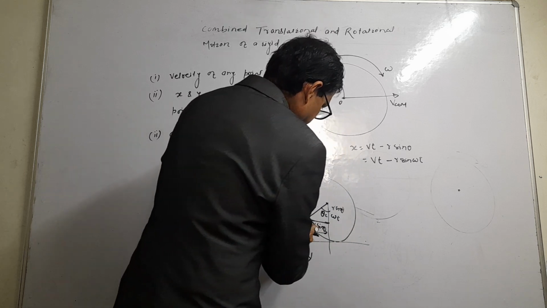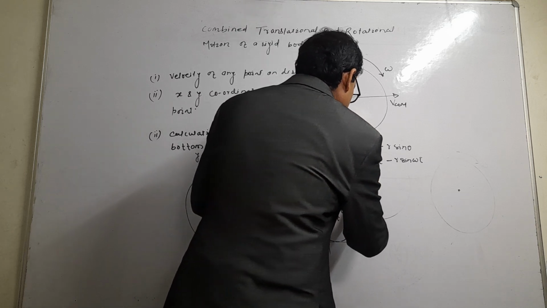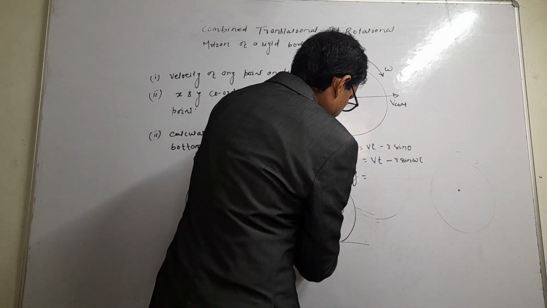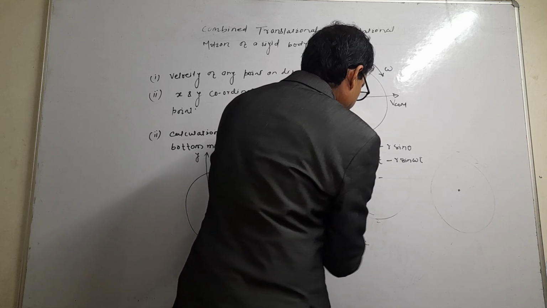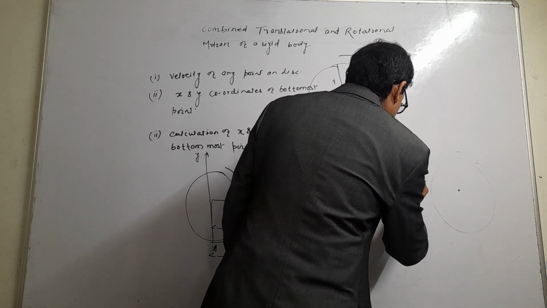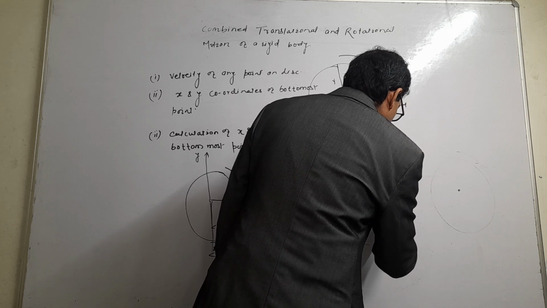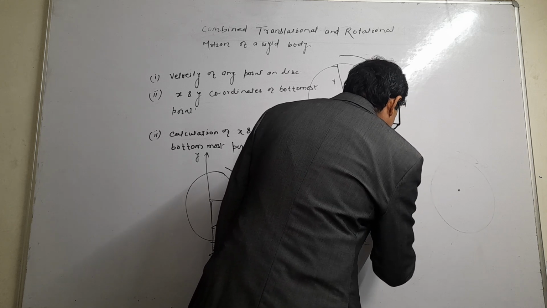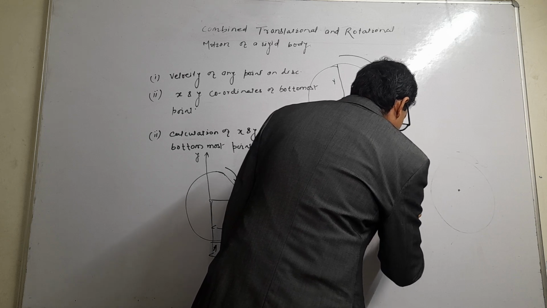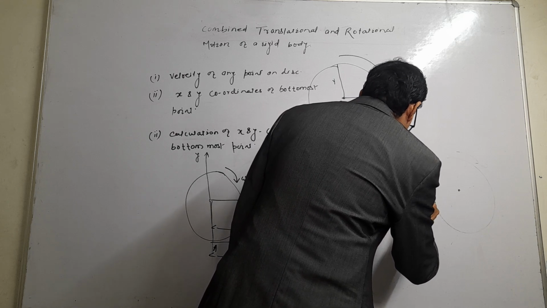And the y coordinate is this distance, that means r minus this distance. So this is r cos theta, and theta is equal to omega t. So the y coordinate is r into 1 minus cos omega t.